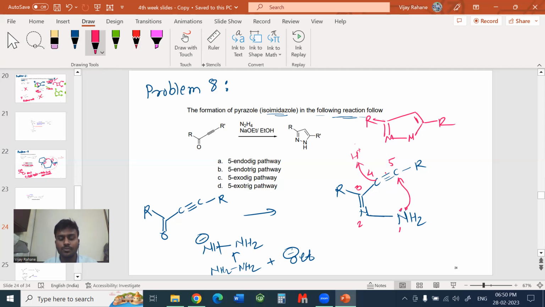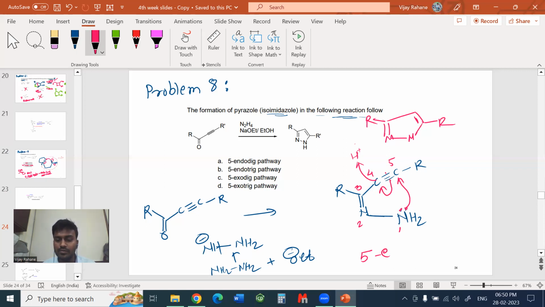So which type of attack takes place here? We know the 5-member ring is getting formed, so we write 5 first, and then the endo attack takes place, right? After the attack, this bond shifted inside the ring.